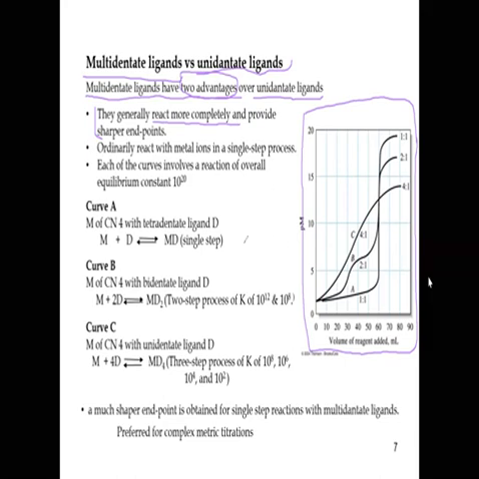Now look here. The multidentate ligand reacts more completely. Look at curve A. The metal ion reacts with the ligand 1-to-1. The metal ion has four coordination bonds. In the first curve, the ligand has four binding sites.